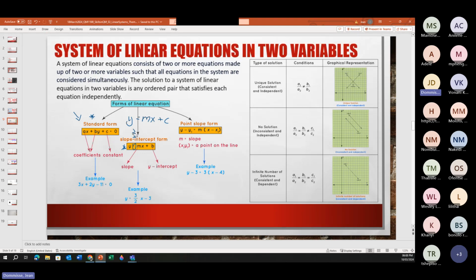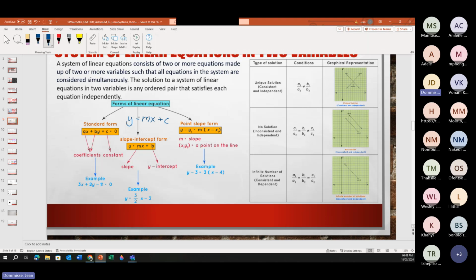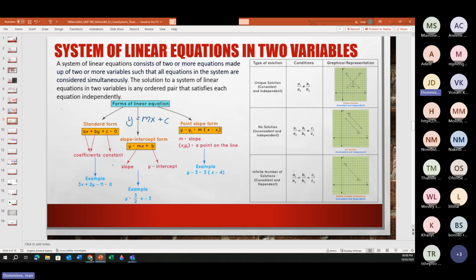But again, if you go to Google some YouTube clips around this, just remember that there are two ways that they can represent a linear equation.